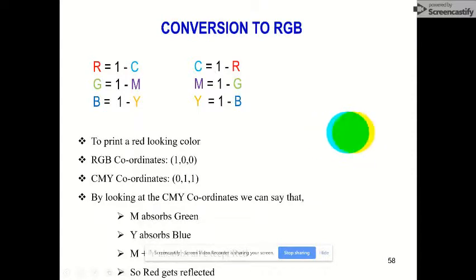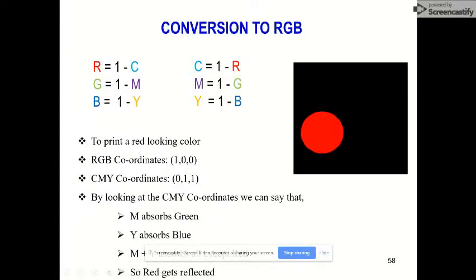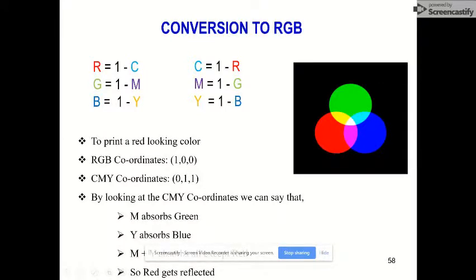So back in the RGB coordinate system, if you want to display a red looking color, you need to use the coordinates 1, 0, 0. This shows the presence of red, absence of green and blue. Back in the CMY color coordinates, you need to have the coordinates like 0, 1, 1, which means that that's the presence of magenta and yellow. If you add it together, it absorbs everything except red, so red gets reflected.